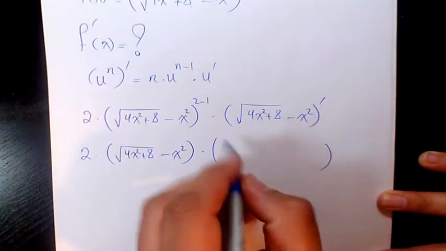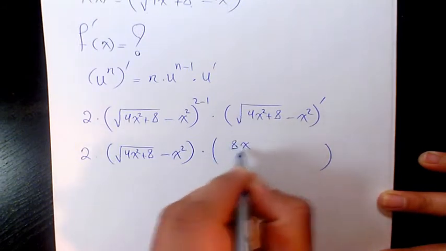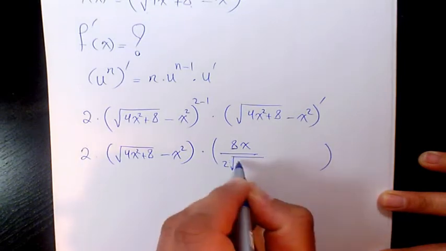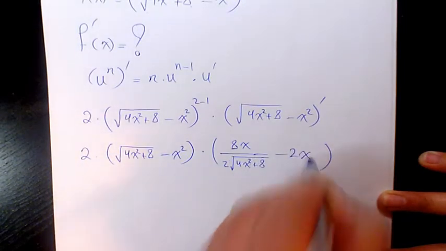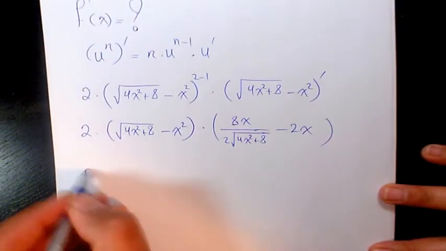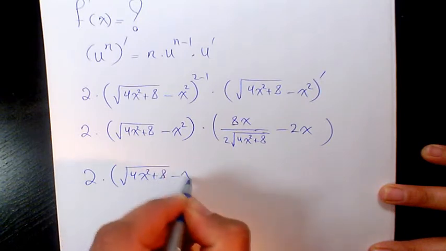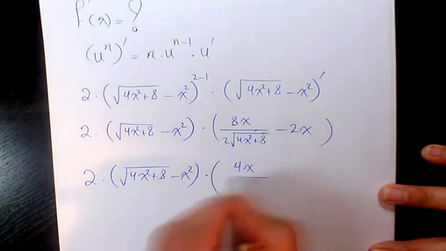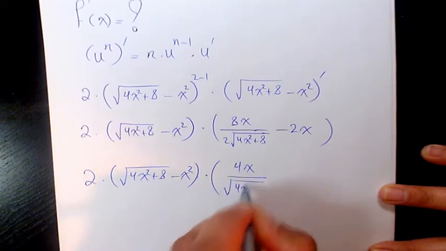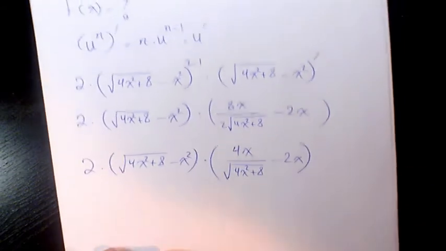Then the derivative is going to be 8x over 2 root 4x squared plus 8, minus 2x. 2 times the square root of 4x squared plus 8 minus x squared. 4x over the square root of 4x squared plus 8 minus 2x.